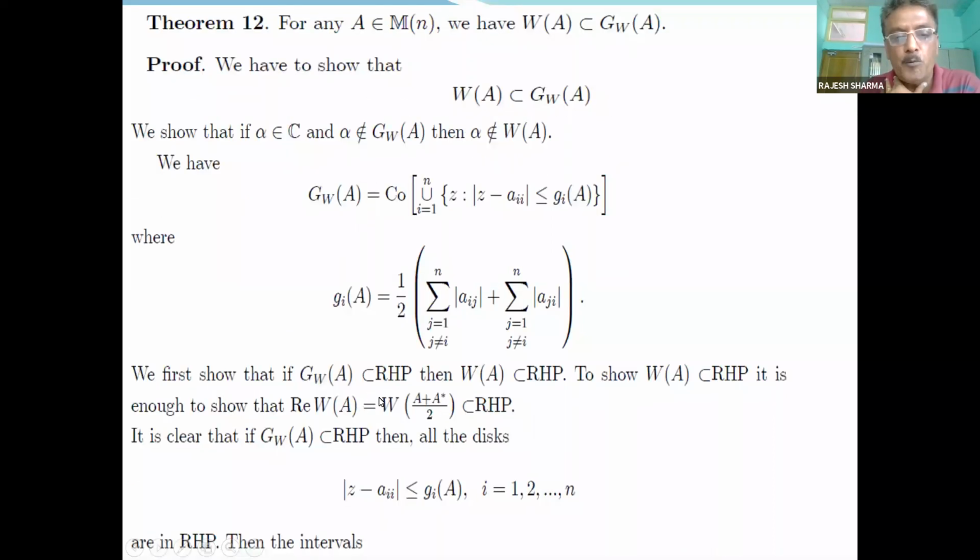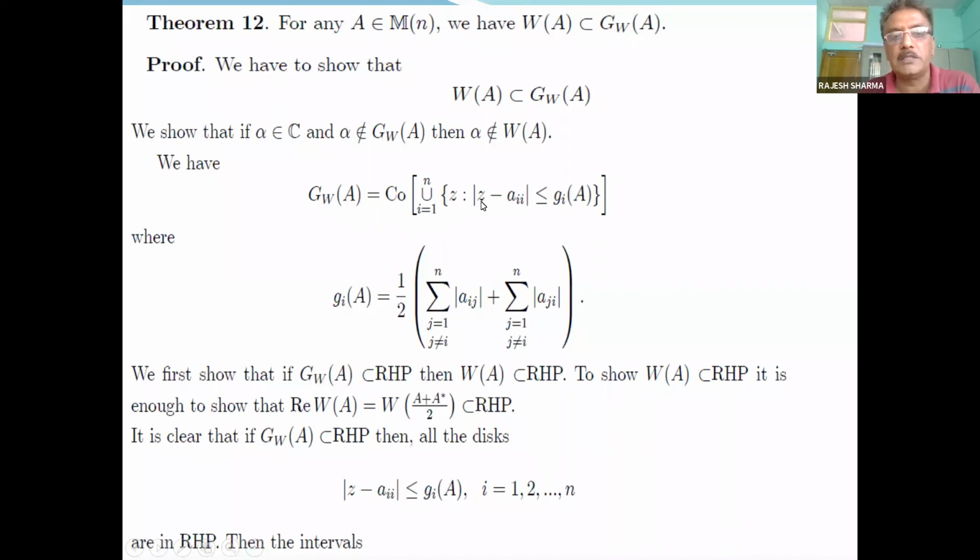And by the projection property, the real part of the numerical range of A is the numerical range of (A + A*)/2. So it is sufficient to show that the numerical range of (A + A*)/2 is contained in the right half plane. Now this GW(A) is contained in the right half plane.